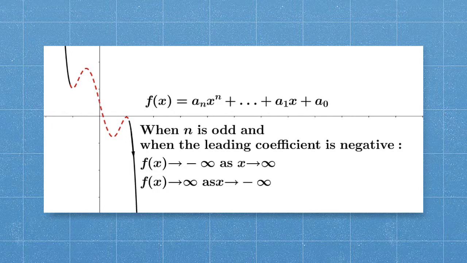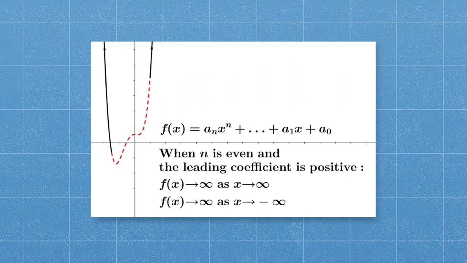Once more, you read the notation, f of x tends towards negative infinity as x tends towards infinity as down to the right, and f of x tends towards infinity as x tends towards negative infinity as up to the left. Suppose that the degree of the polynomial is even and that the leading coefficient is positive.